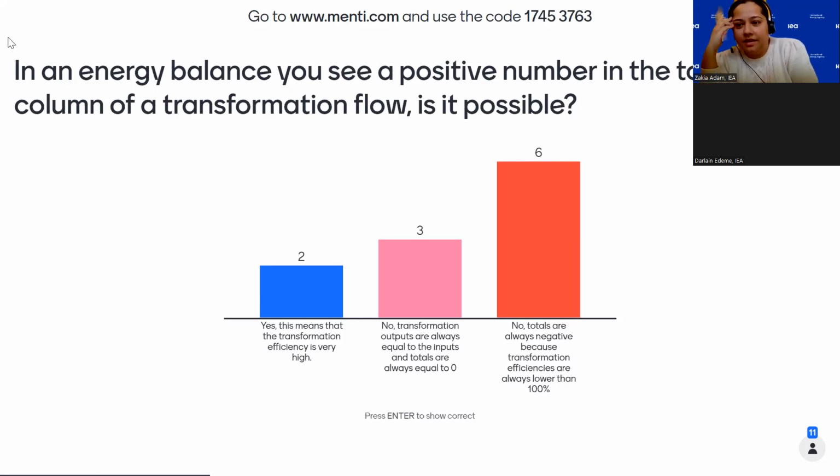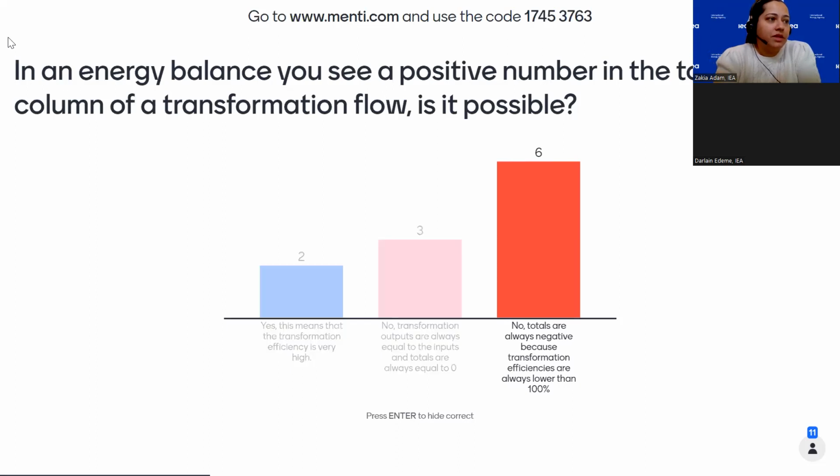So I think I kind of gave you the answer in my explanations. So let's look at the right answer here. So no, it's not that it's not possible. It means that there's a problem. So totals should always be negative in energy terms because efficiencies are always lower than 100%.